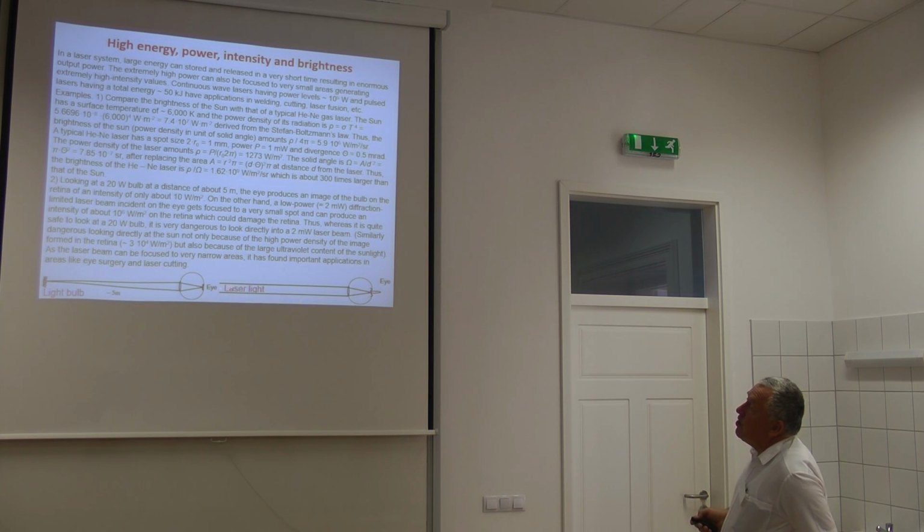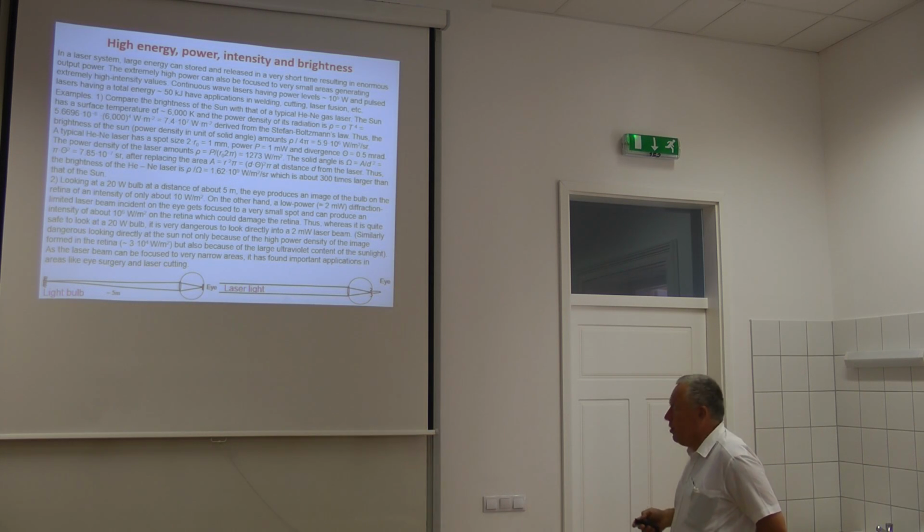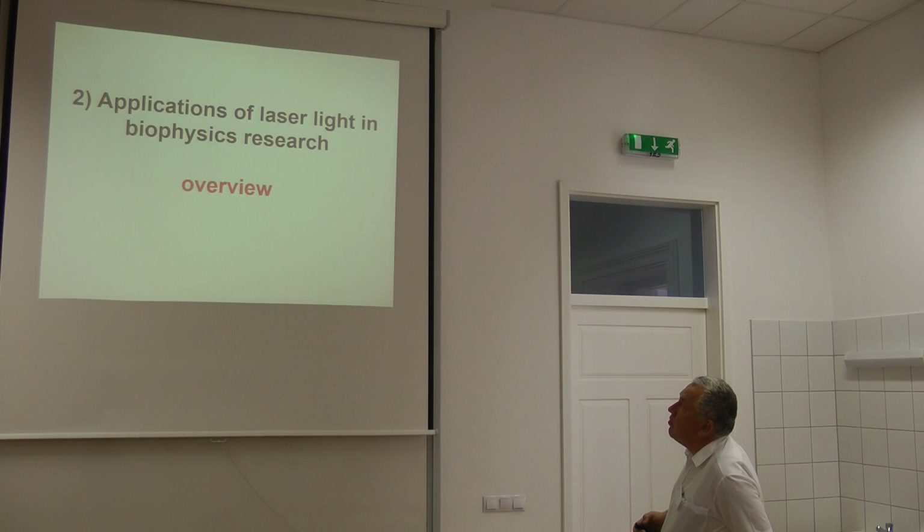But if we do the same thing with laser light of power 2 milliwatt, then due to the high parallelism, the intensity will be much larger, so it's not recommended to look directly at the laser light, which is a very well known thing.